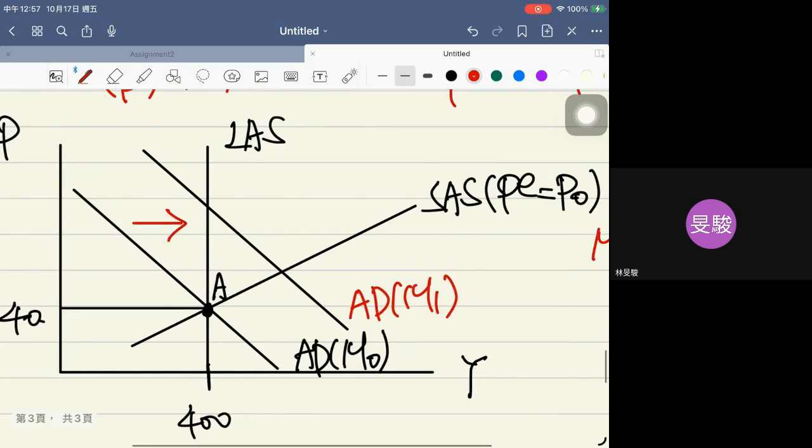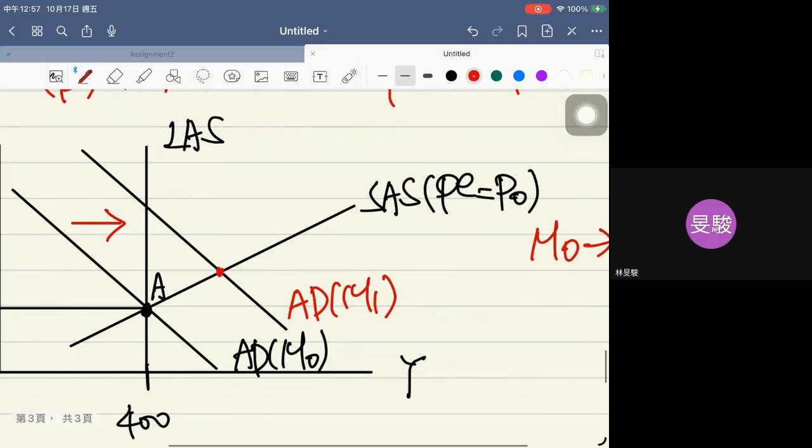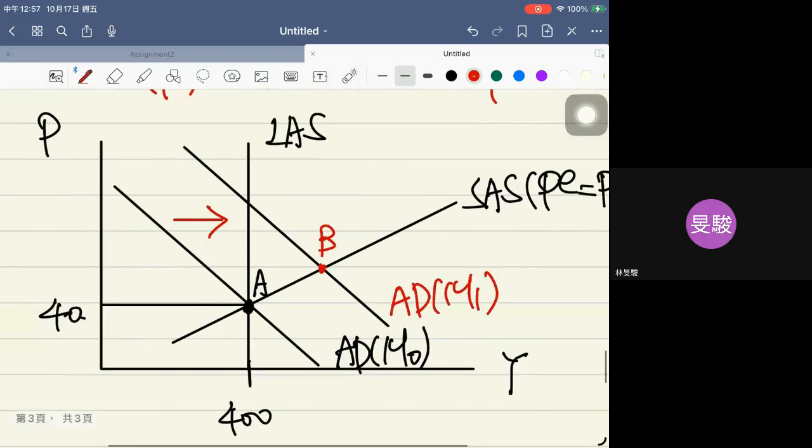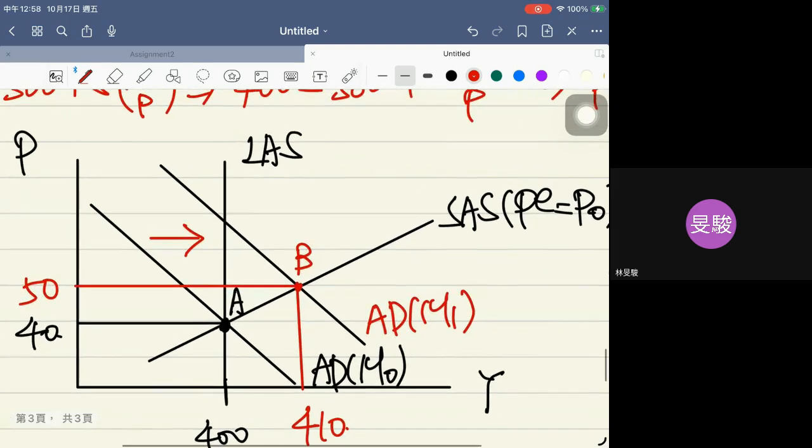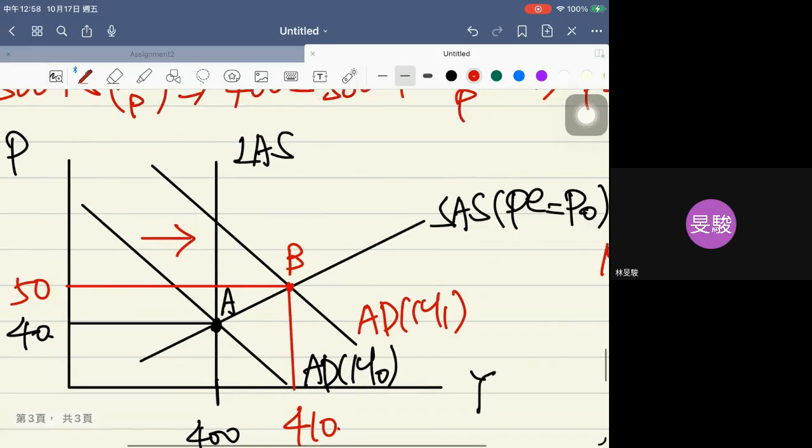And we have calculated that it intersects with the SAS at point B, and its short run price level is 50, and its short run output is 410. Okay. And in the long run, people will change their expectation of the price level.